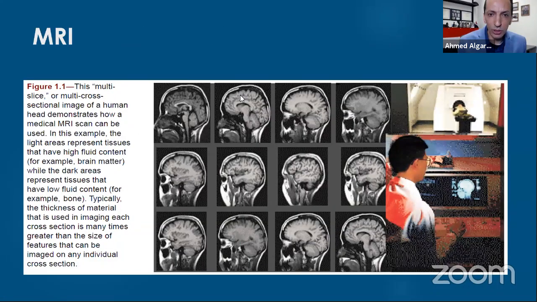Okay, something else, the MRI log, which sometimes we call NMR log or MRI log. You know, if you are playing soccer or football and you broke your arm, you go to a doctor, he will do an X-ray for you. Why X-ray? Because the X-ray can see the bones, but the X-ray cannot see the fluids inside your muscles, right?